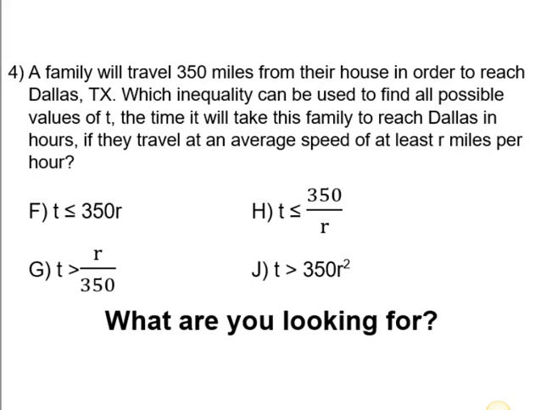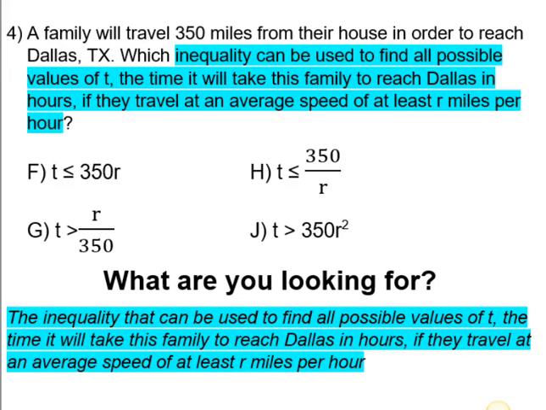What are we looking for? We are looking for the inequality that can be used to find all possible values of t, which is the time it will take for the family to reach Dallas in hours, if they travel at an average speed of at least r miles per hour.